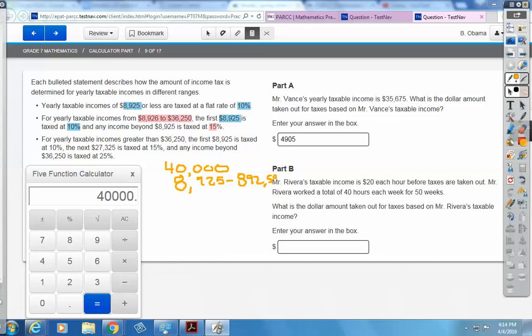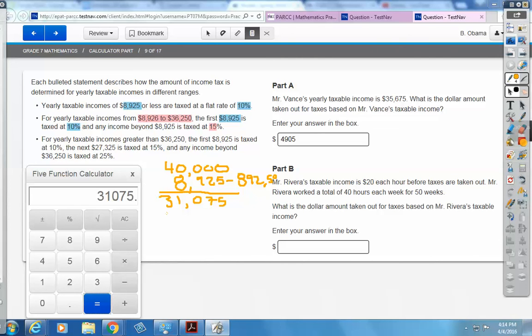And when we do that, you will have $31,075 of taxable income yet remaining.